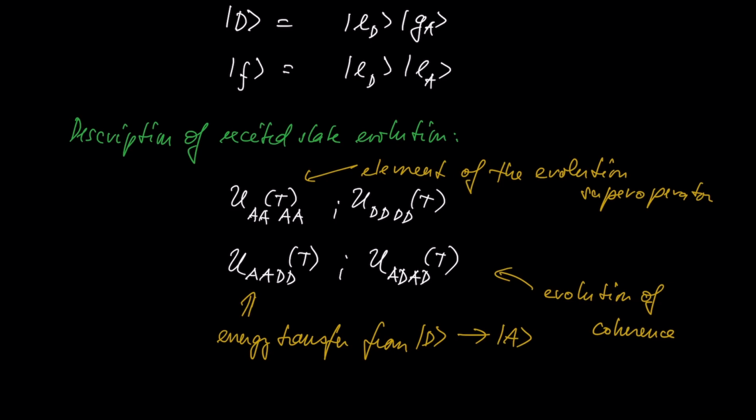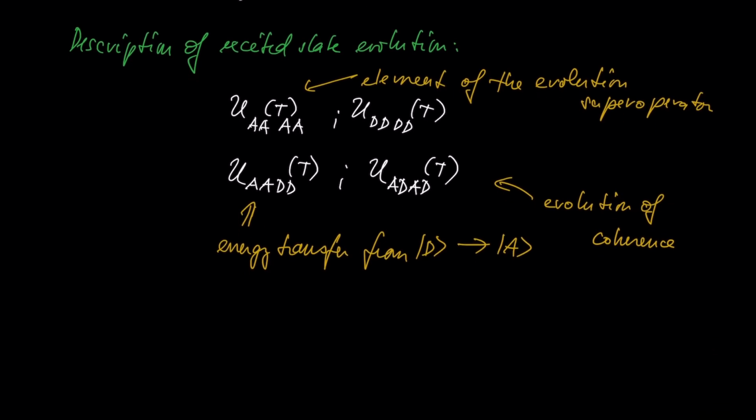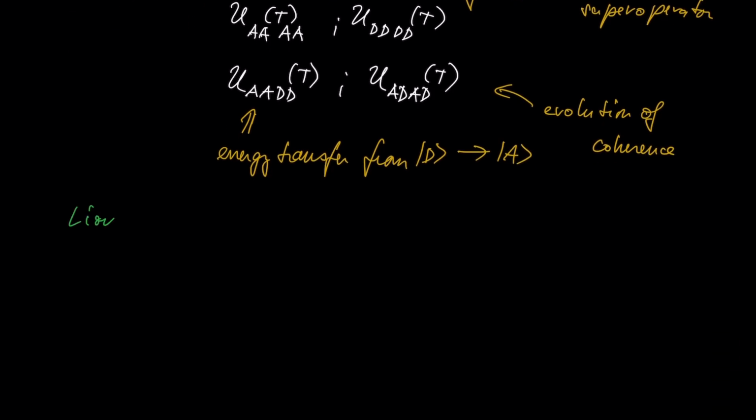Well, now with all these states present, as every time when we want to calculate a nonlinear spectrum of any type, we want to list and describe and evaluate Liouville pathways through this system. So let's have a look at what Liouville pathways we can identify in this problem.